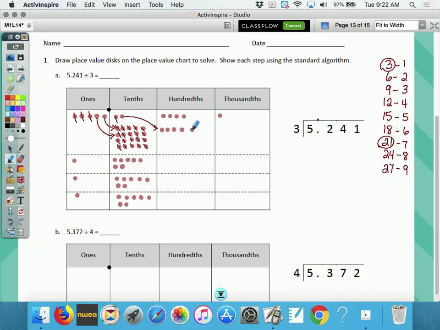Trade it in for 10 hundredths. So how many do I have in the hundredths place now? 14. Okay, so once you get 14 in the hundredths place, we'll move on.